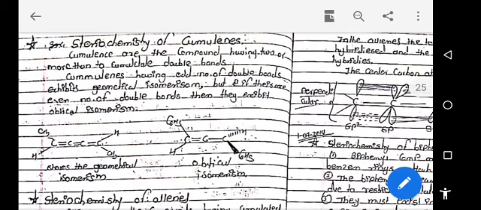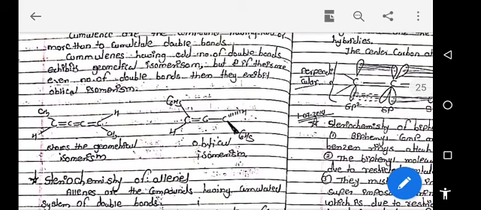Cumulenes are the compounds having two or more cumulative double bonds. Cumulenes having an odd number of double bonds exhibit geometrical isomers. Odd number means one double bond, three double bonds, five double bonds.